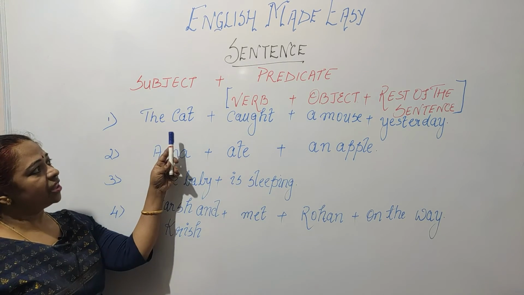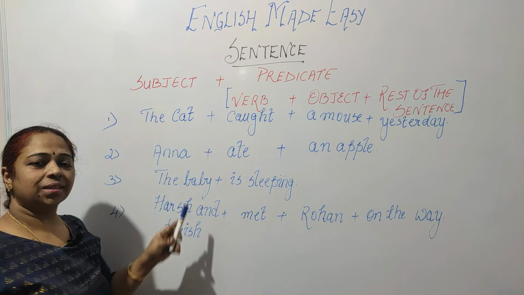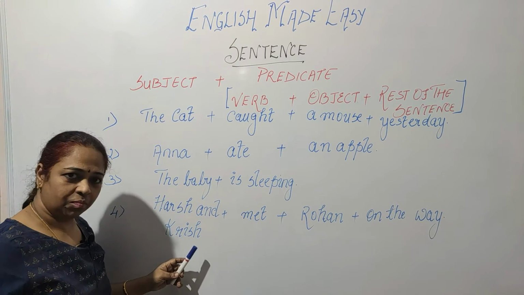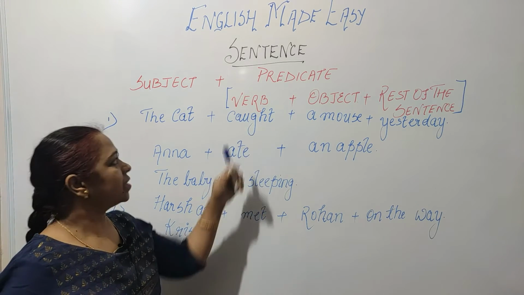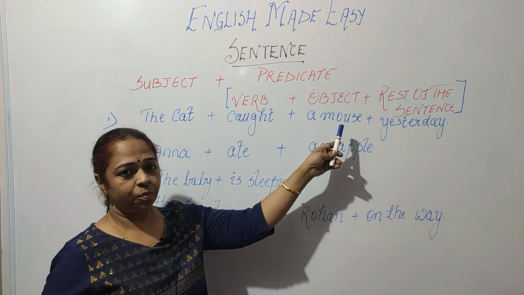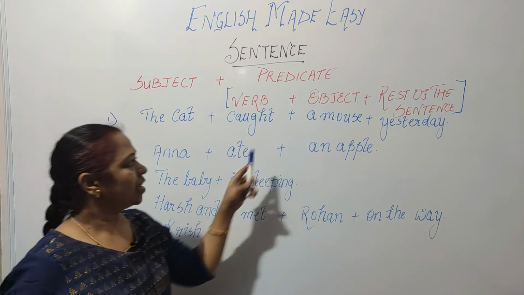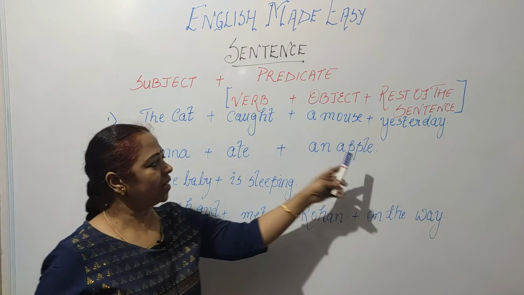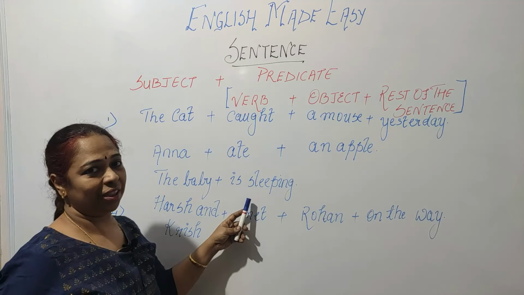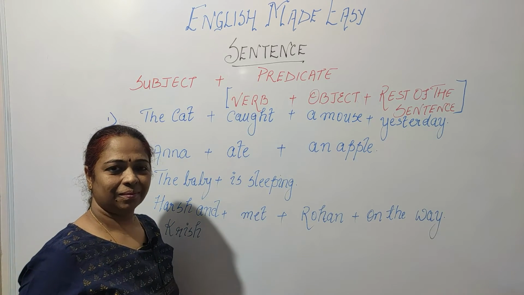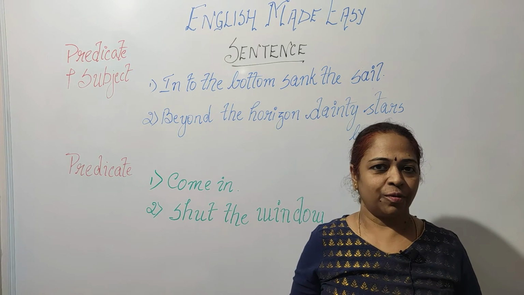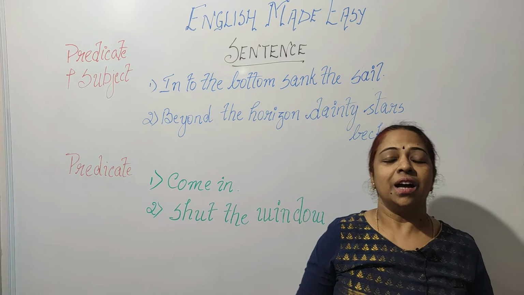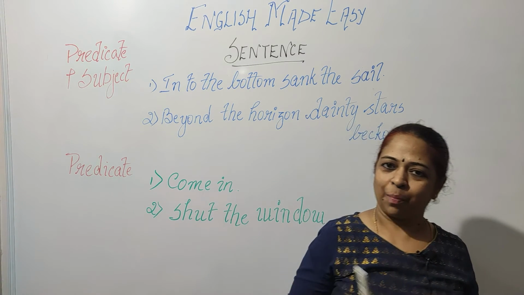So over here we saw all the sentences contain a subject, but in the predicate, we have some sentences that have the verb, the object and rest of the sentence. Some have the verb and an object. Some have only the verb.